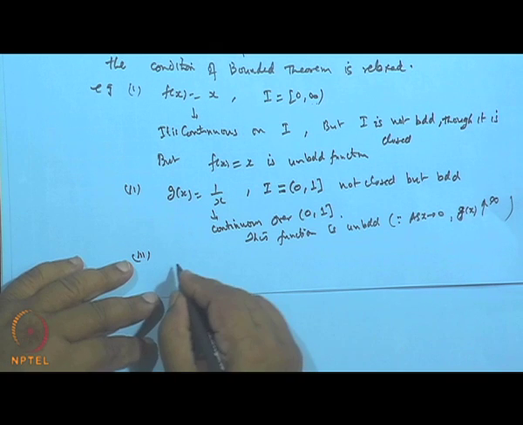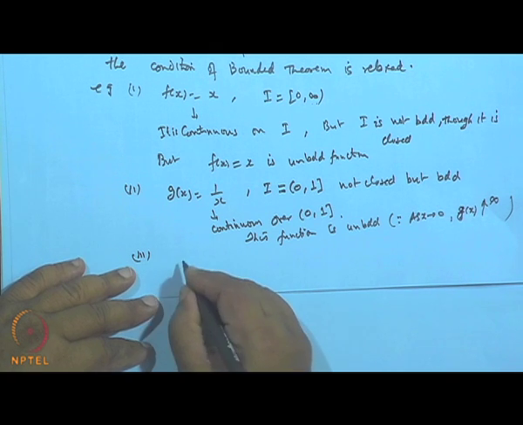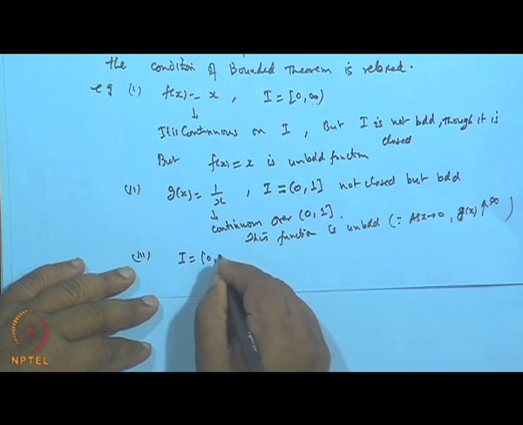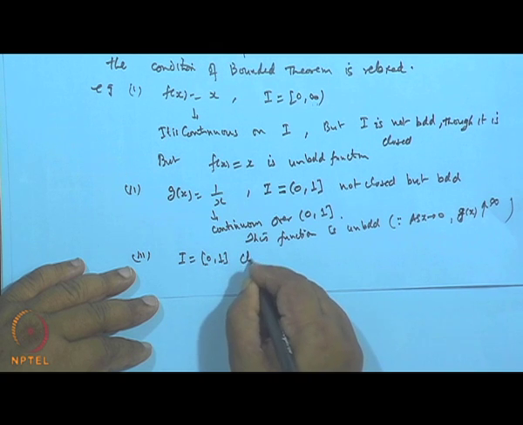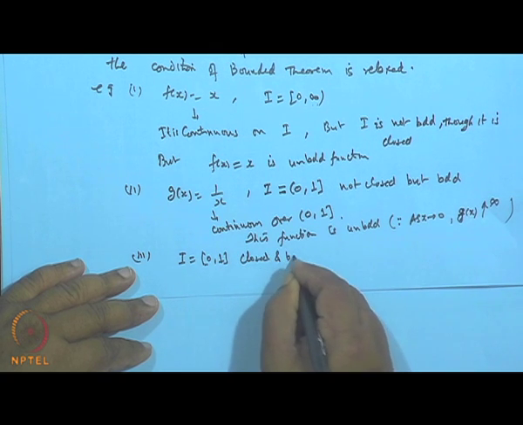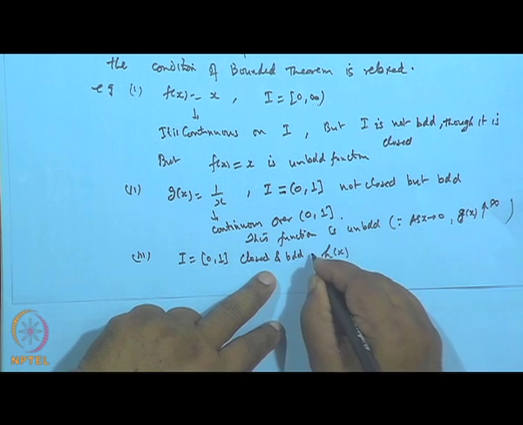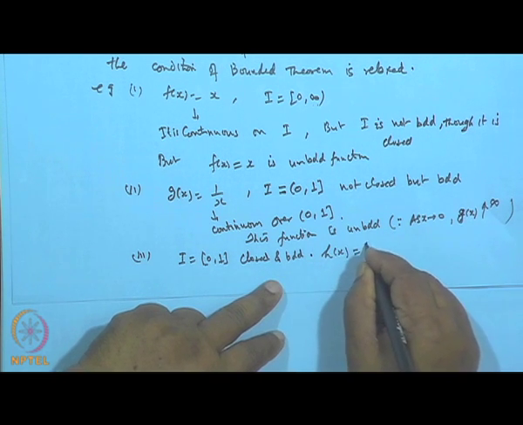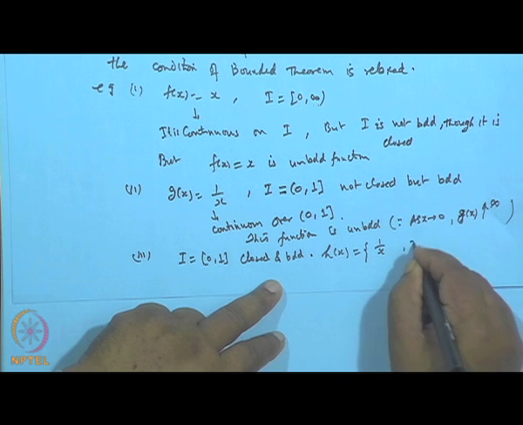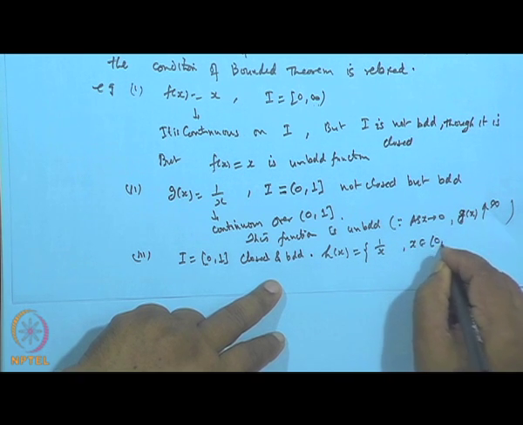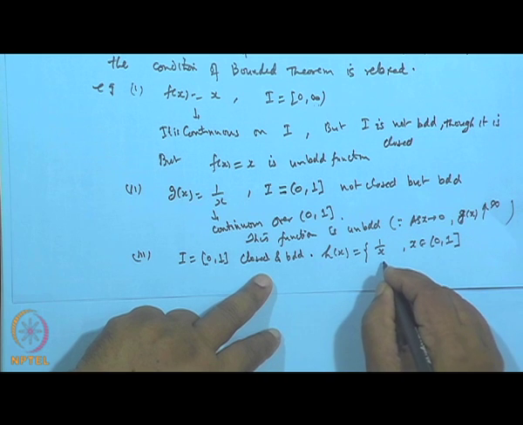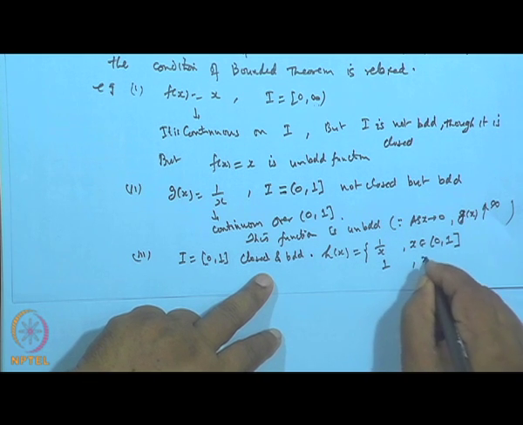Then if I take the interval I as a closed and bounded interval, but now I am taking the function h(x) as 1/x if x belongs to the interval (0, 1], and 1 if x is 0.